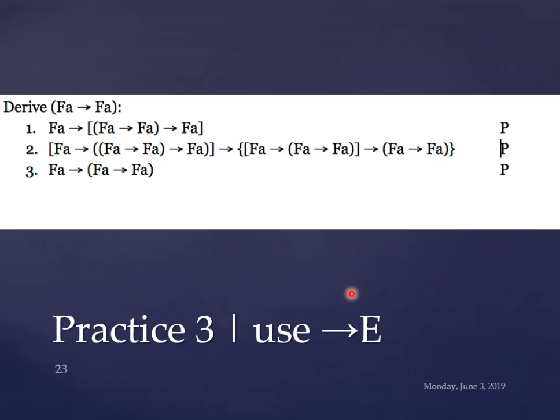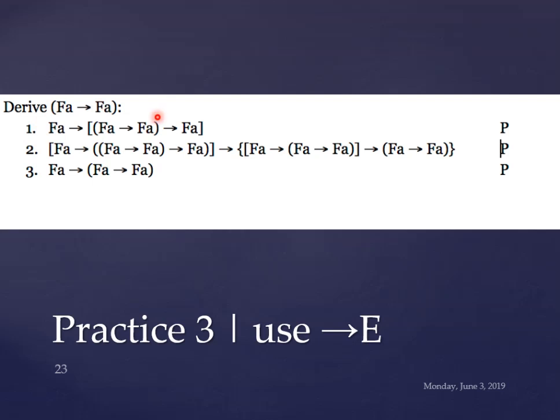The problem is that you don't have an FA by itself anywhere to get this FA. So this FA arrow FA, you're probably going to have to go for this one. Now here's the thing. Here's the main connective right here, and this is saying we've got an FA arrow and then a parenthesis. This looks a lot like what's on line 1.